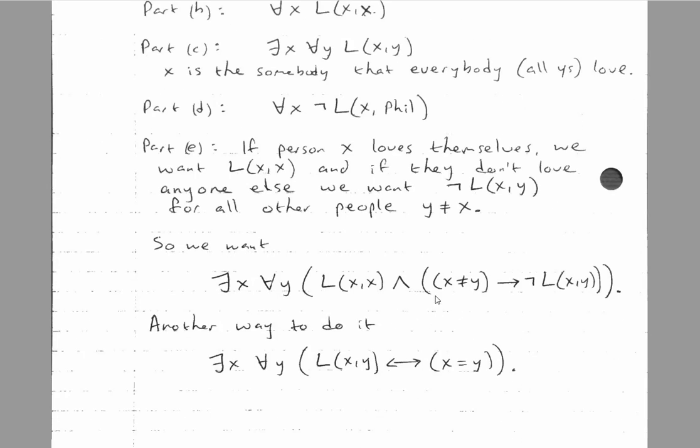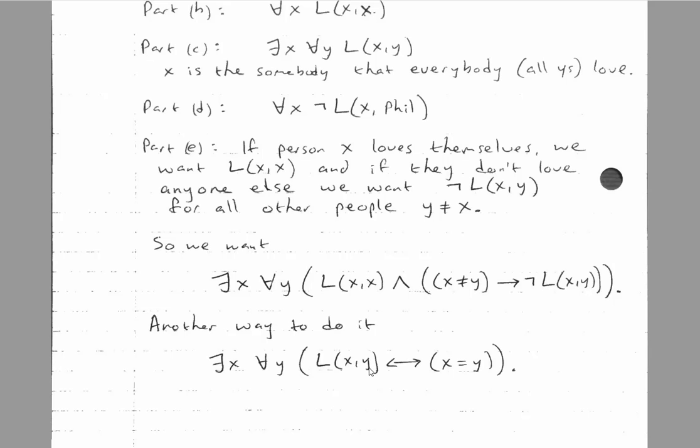Yeah, there is maybe a clearer way to do it. There exists an x, so that for all y, x loves y if and only if x is equal to y. So maybe this is a clearer way to say that x loves themselves and nobody else.